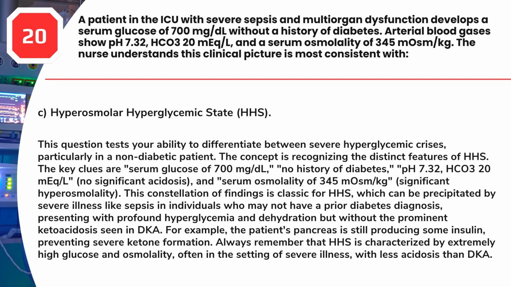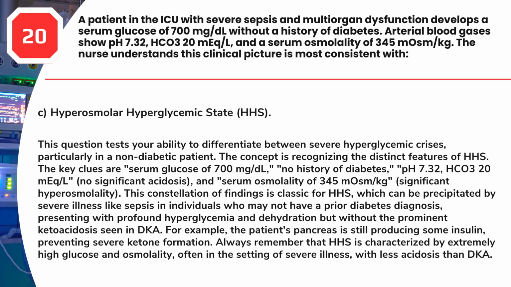Answer: C. Hyperosmolar hyperglycemic state, HHS. This question tests your ability to differentiate between severe hyperglycemic crises, particularly in a non-diabetic patient. The concept is recognizing the distinct features of HHS. The key clues are serum glucose of 700 mg per deciliter, no history of diabetes, pH 7.32, HCO3 20 milliequivalents/L, no significant acidosis, and serum osmolality of 345 mOsm/kg, significant hyperosmolality.